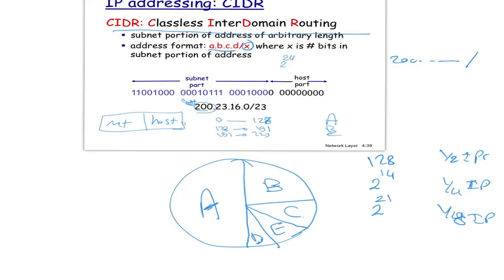In the forwarding table, I have to store the subnet mask, not in the packet. We never talked about subnet mask as part of the protocol data unit of the IP. Did we? Never. So this subnet mask exists only in the forwarding table. Any questions?